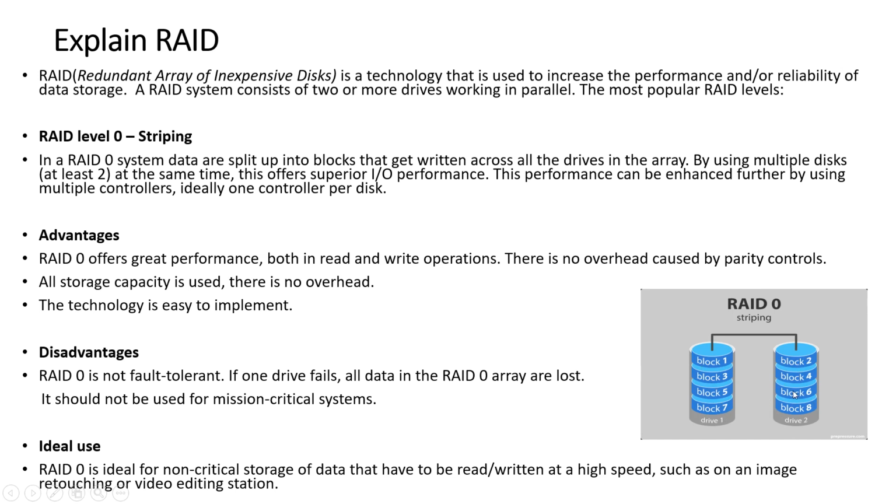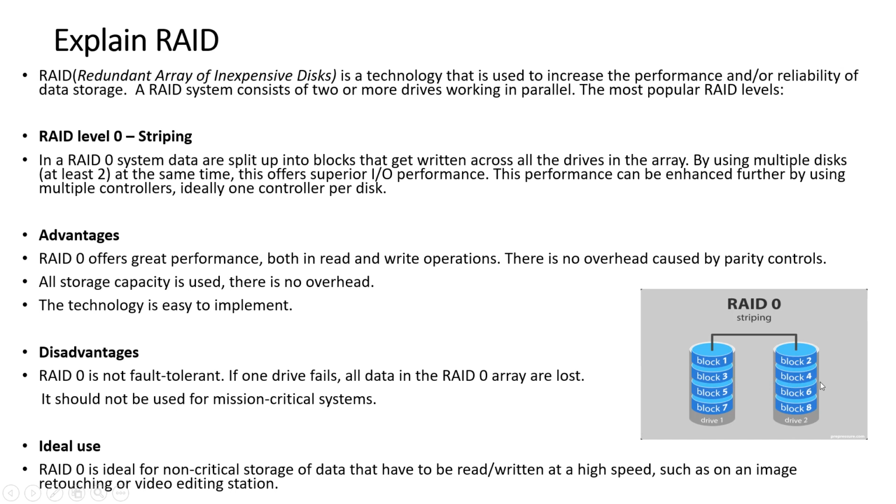The advantage of this is that it increases the performance of read and write operations, and it is easy to implement. But the limitation is, if one of the drives fails, then half of the data is lost. So where to use such a RAID 0 system?